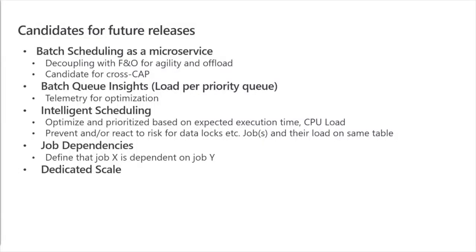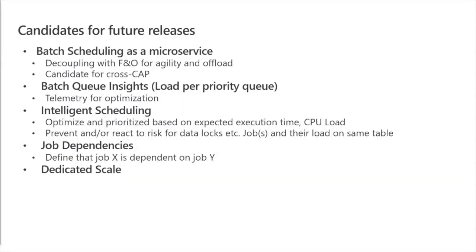The next feature is batch queue insights. This will introduce a new insights form in the FinOps web client that would display a snapshot of the sizes of each of the batch scheduling priority queues at any given point. This will allow customers to get visibility over their batch schedules so that they're aware of the system health and the processing times of the batch load.